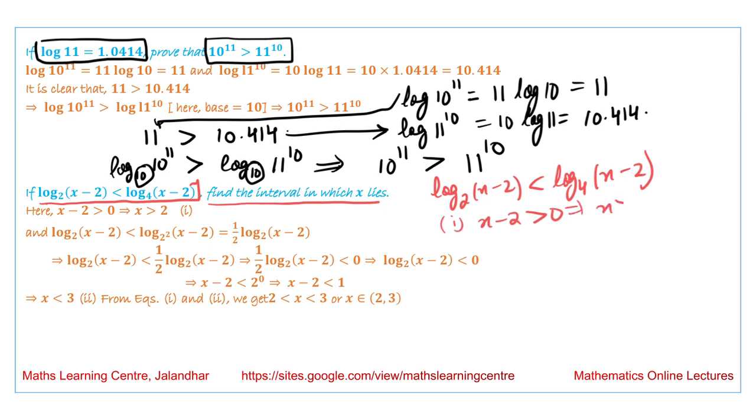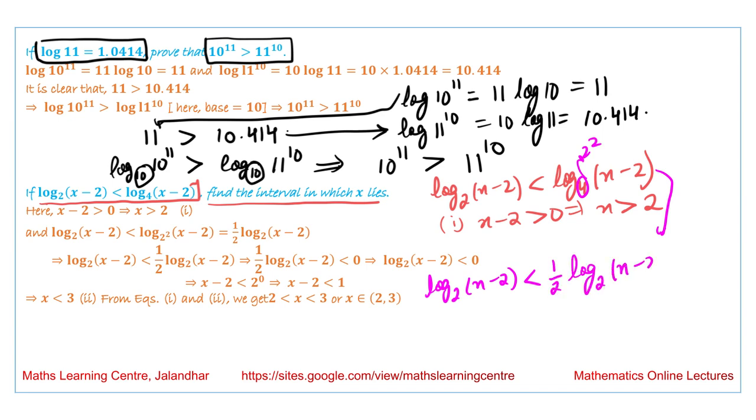So it means that we are talking about the case that x is greater than 2. So from this question we can write it in the form log of x minus 2 to the base 2 is less than, for this 4, we can write it as 2 raised to the power 2. So it is 1 by 2 log base 2 of x minus 2.